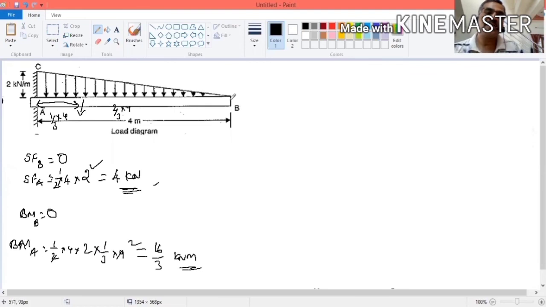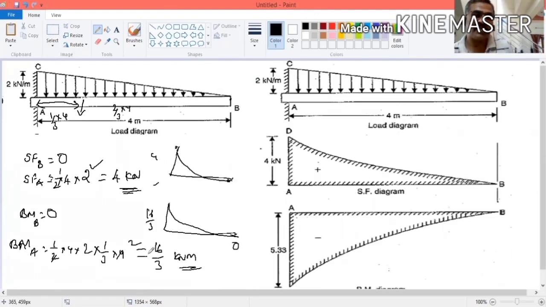Shear force at this point is 0. Here it is 4. In between, how will you connect? If it is a uniformly varying load, you have to connect with a quadratic curve. You have to draw it with a minus sign, because it will create a clockwise bending moment, so it has to come down below the line.